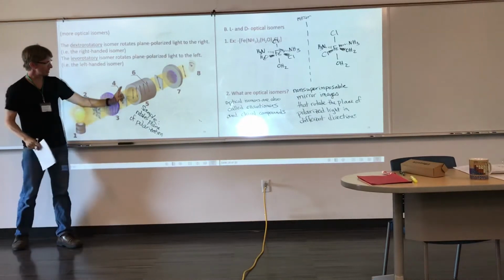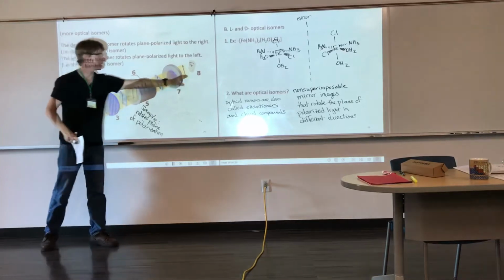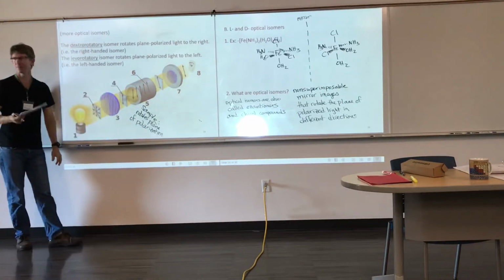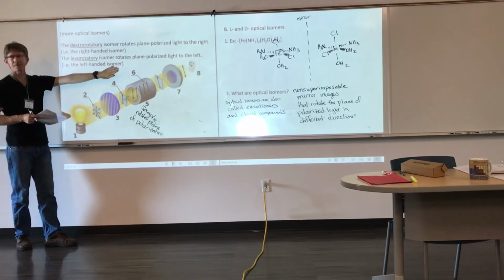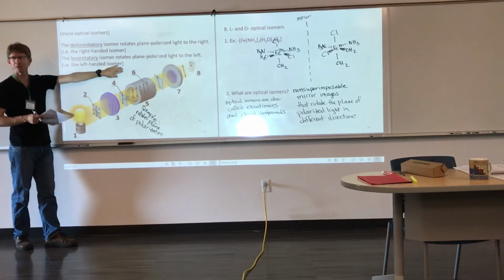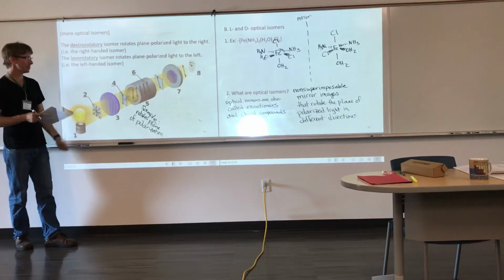It rotates the plane of polarization, so it's going straight up and then it's going back a little bit. And then you can observe that with your eye. I spent years working with polarized light for my thesis work. If you want to know more about it, great, happy to talk to you about it. But I just want to give you a quick example of what it means to rotate the polarization.